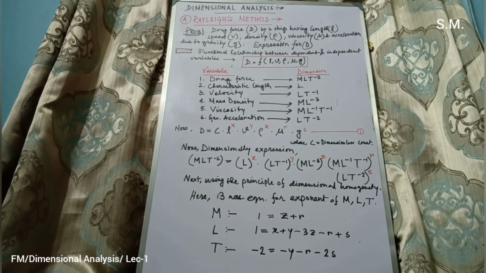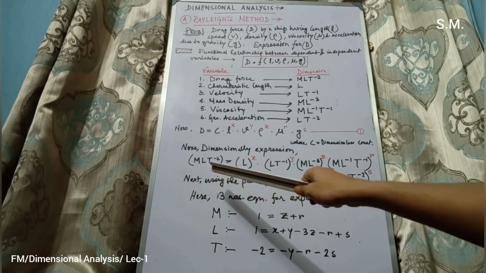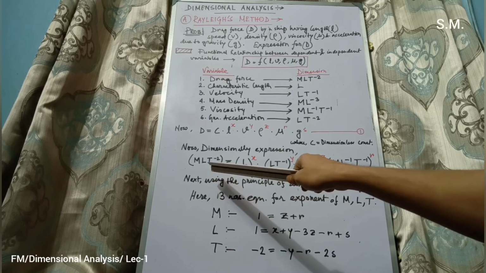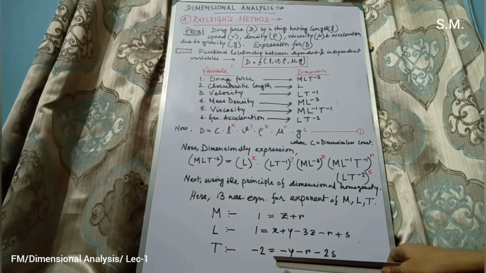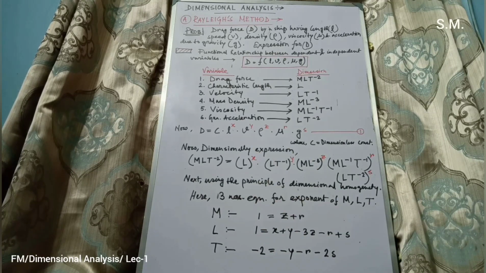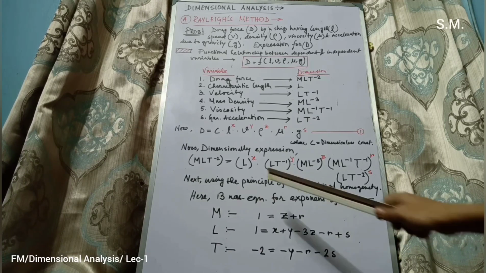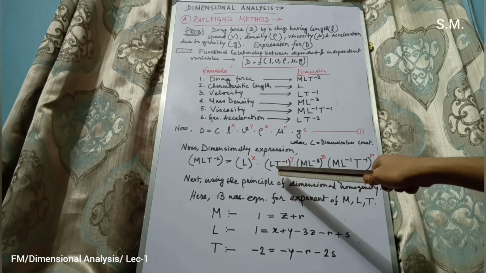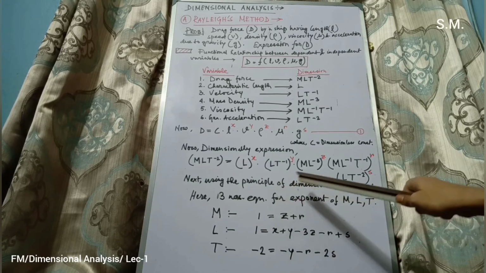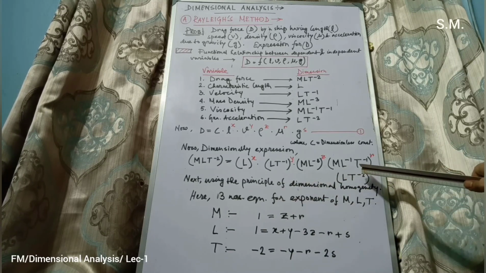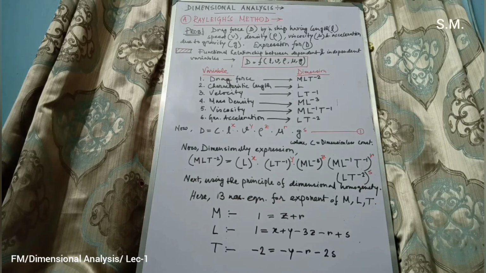As for T, on the left hand side of the equation there is T to the power minus 2, so we put T power minus 2 equals to, on the right hand side, considering this T, the power is minus y, so we put minus y. Then there is minus r, so we put minus r.